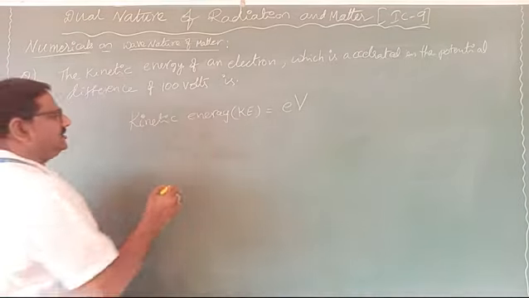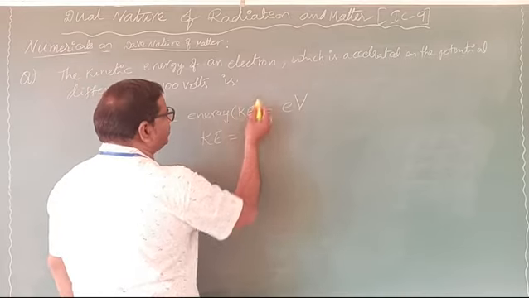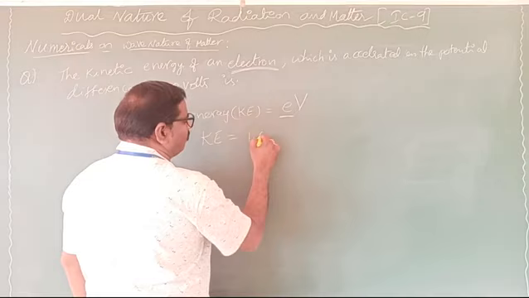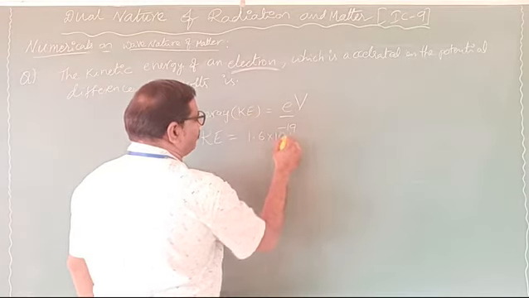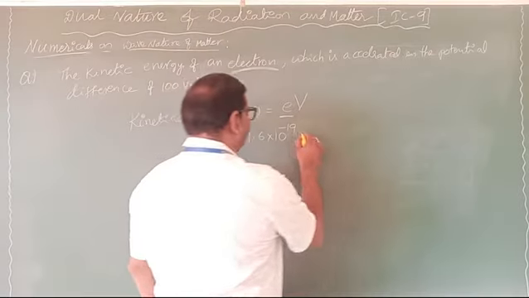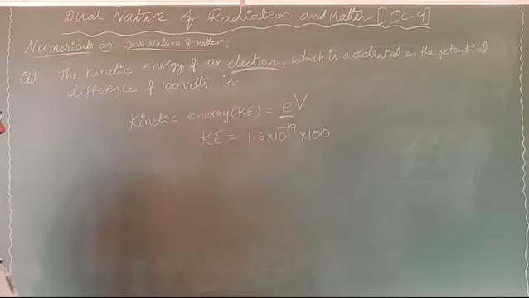Clear? Now they are asking this kinetic energy only. So K equals e times V. What is the charge of an electron? 1.6 into 10 power minus 19 coulomb. And how much potential are they giving here? 100 volt potential, it is accelerating.